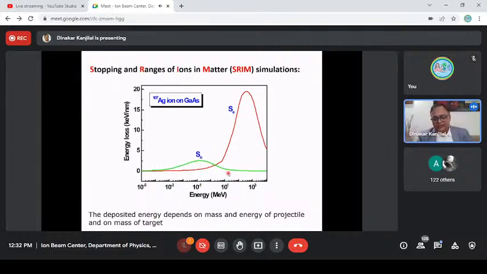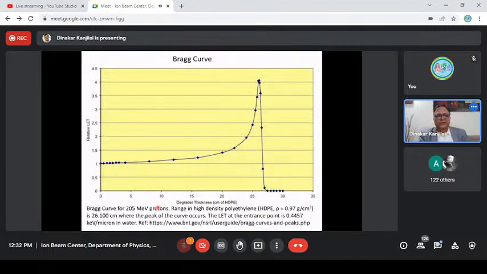Why I am telling this: it will come again and again for different uses, particularly biomedical applications. This is a common one. High density polyethylene mimics our skin. So when we treat a human being, where the ion is going and how the treatment will go, this calculation is generally done. Mostly protons are used.